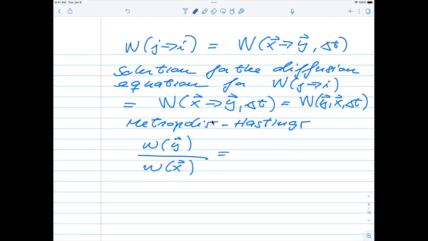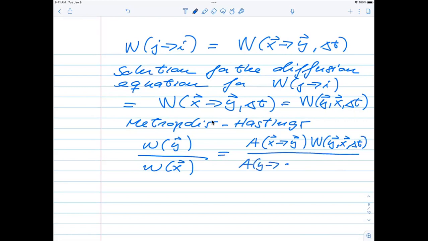And this is now going to be given by the acceptance probability of moving from x to y multiplied with this probability of y, x, delta t, and divided by the acceptance probability of moving from y to x, multiplied with the transition probability of going from x to y. So this is the case where we actually solve the plain diffusion equation.